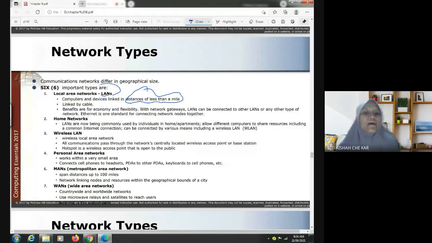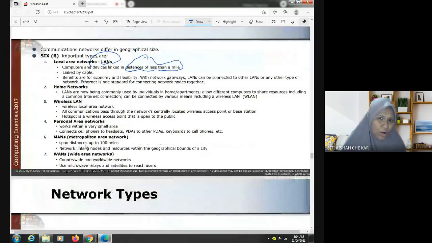But if you want to communicate more than a mile, we can go for MAN, Metropolitan Area Network. Tapi biasa the terms kita jarang guna lah. Biasa kita akan terus jump ke this one, Wide Area Network. So this one is worldwide lah.